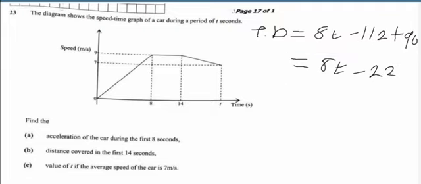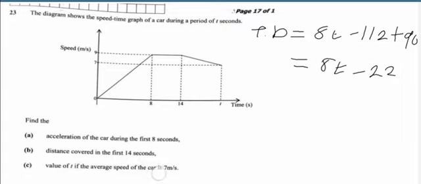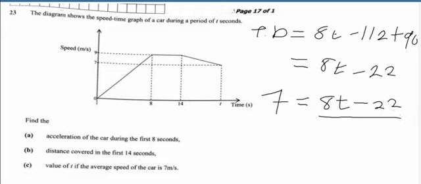Now let's find the value of t, since this one is our total distance. We are going to say the average speed, which is 7 in this case, is equal to the total distance. In this case, the total distance is 8t minus 22, divided by the total time taken.